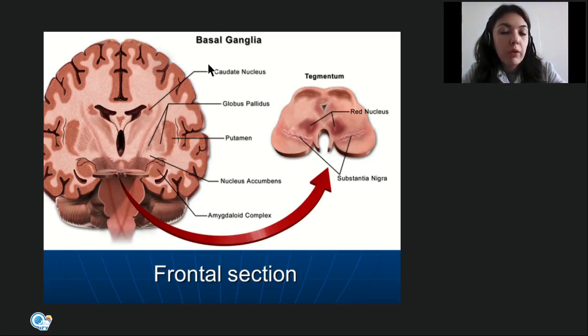In some books, you will find information that red nucleus, nucleus ruber, and substantia nigra, black substance, also belong to basal nuclei. But we will not consider that. Actually, they are not located even in cerebral hemispheres. They are functionally very similar.